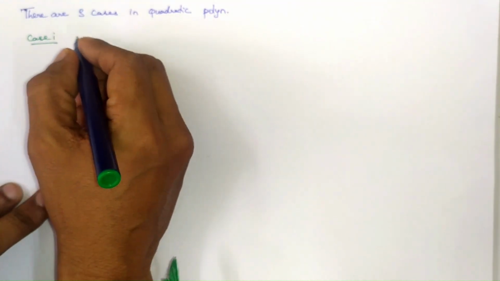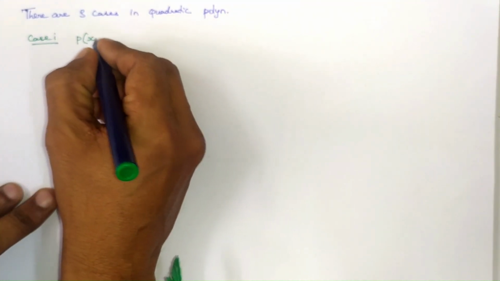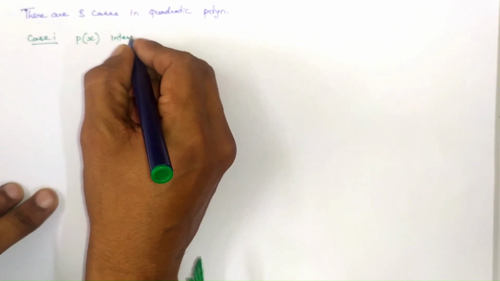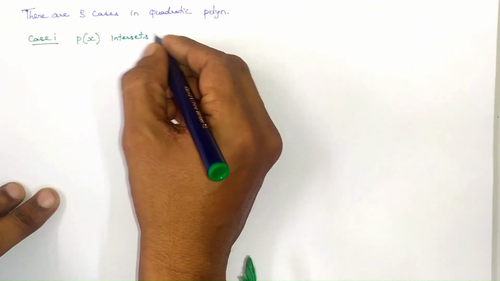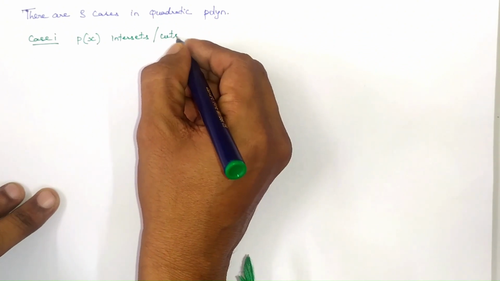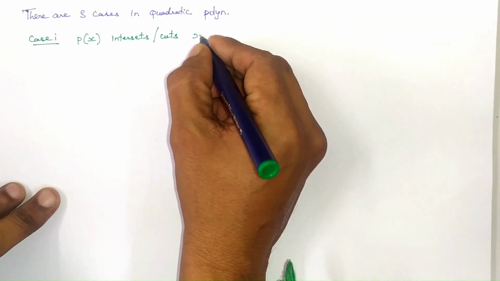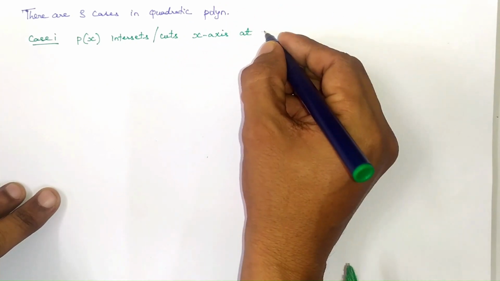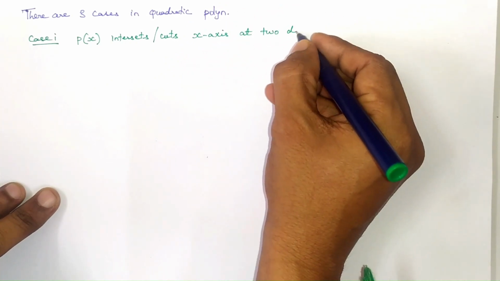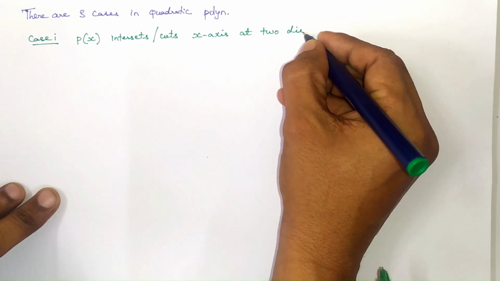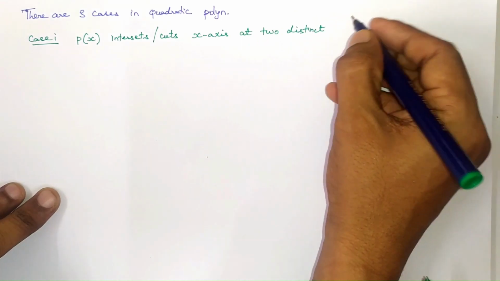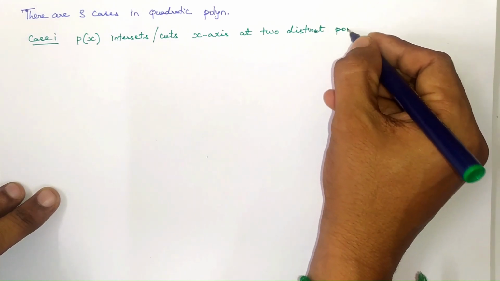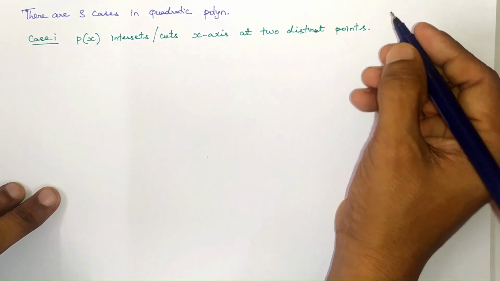Case 1 is the polynomial p of x intersects or cuts the x-axis at 2 distinct points.